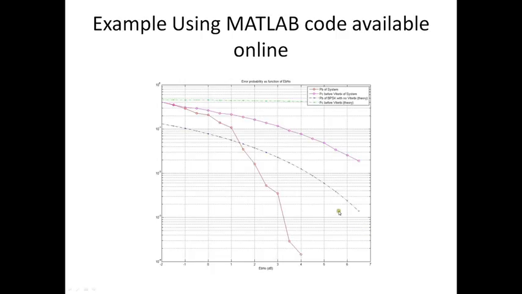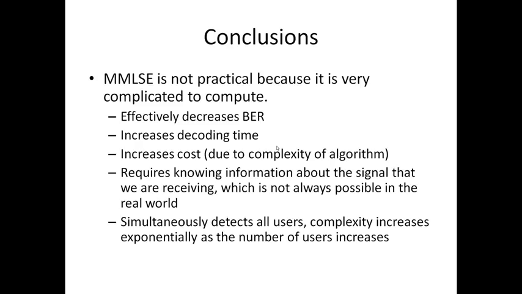So something as simple as an algorithm that goes up to 6.5 dB of signal to noise ratio, and it's just being generated once, to take a whole hour is just not practical in the real world. But it is very effective in decreasing the bit error rate, or the probability of error, as our graphs showed.